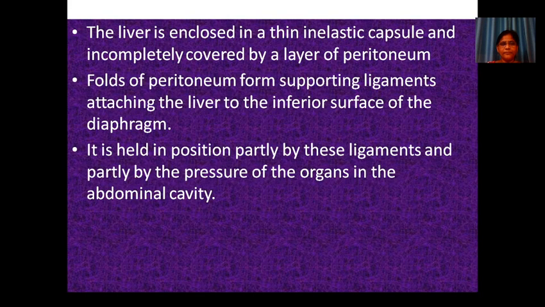The liver is enclosed in a thin elastic capsule and incompletely covered by a layer of peritoneum. Folds of peritoneum form supporting ligaments attaching the liver to the inferior surface of the diaphragm.